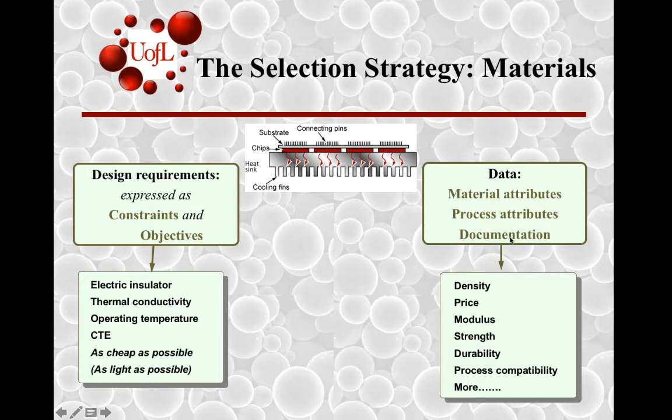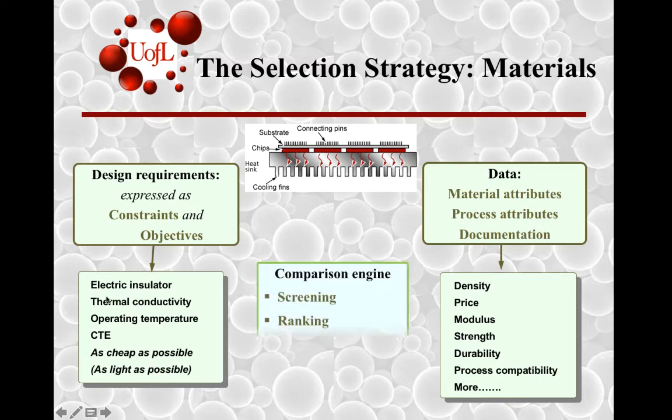And then a report overall, right, that documents what the recommendations are. In terms of material attributes, you'll have to look at a number of different properties, including general properties such as density and price, the modulus, strength, durability, so mechanical properties, and a lot more, in addition to the thermal properties that we looked at and the electrical properties.